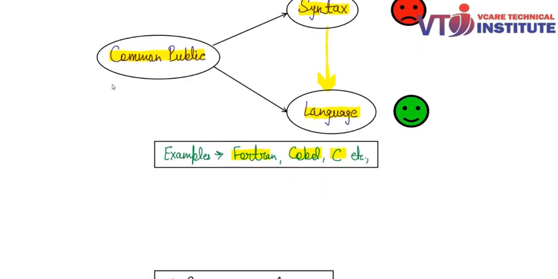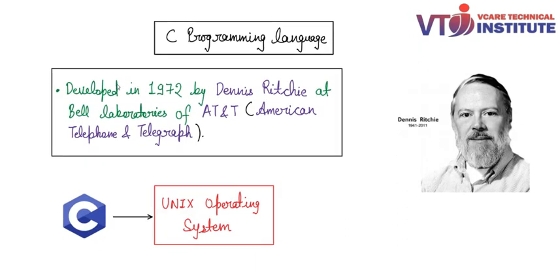Now move ahead. Let's talk about the C programming language. Finally, we have understood programming, the syntax, the coding and decoding process, and we have also understood why we need a programming language. So now let's talk about the C programming language. C was developed in 1972 by Dennis Ritchie at Bell Laboratories of AT&T, American Telephone and Telegraph.